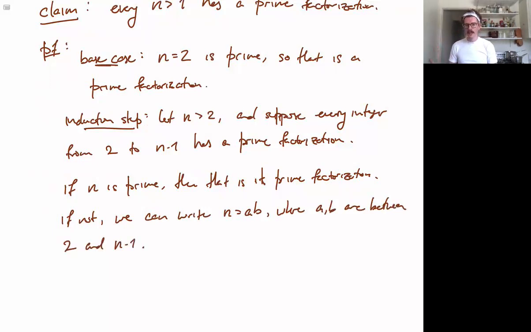I mean, all we're saying here is that they're smaller than n and bigger than 1. So by our induction hypothesis, these numbers a and b have prime factorizations.